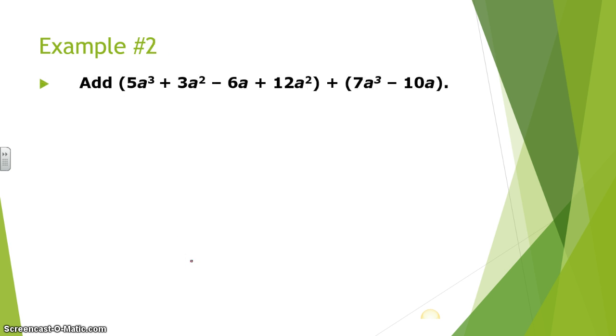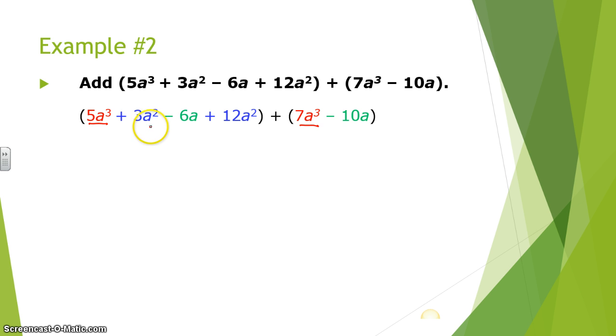Let's look at this example here. It says add 5a cubed plus 3a squared minus 6a plus 12a squared plus 7a to the third power minus 10a. So the first thing we're going to do is find our like terms. So here in the red are my a to the third power.